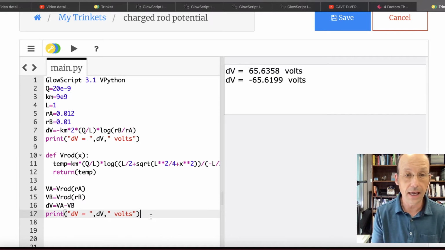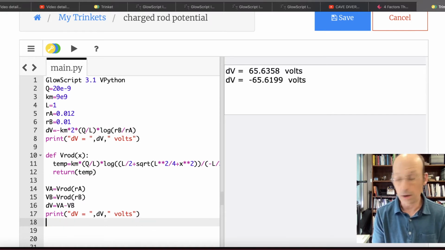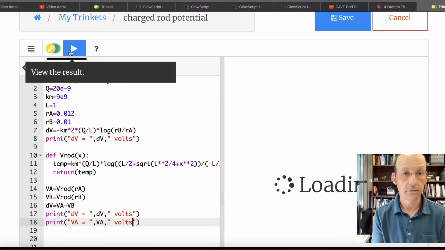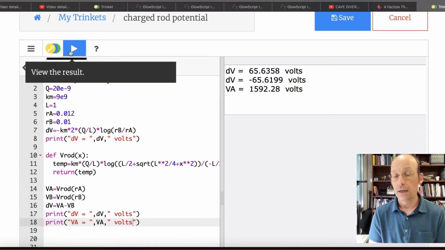So let's print out VA. So let's see which one is A. That's the one to start, right? So print VA, and this is the potential with respect to infinity, VA volts. Right, so that's the potential with respect to infinity.